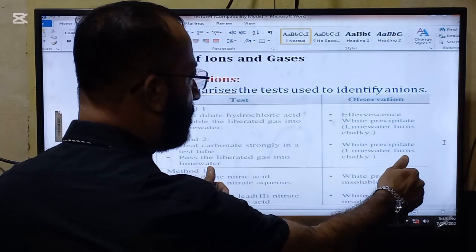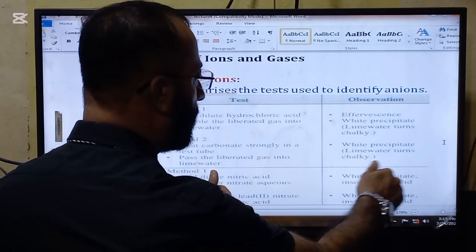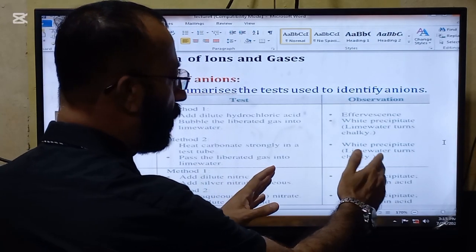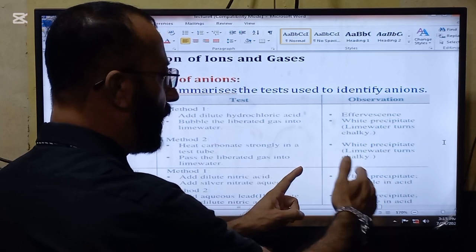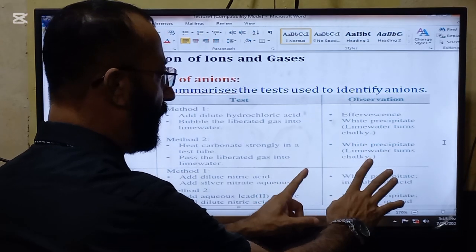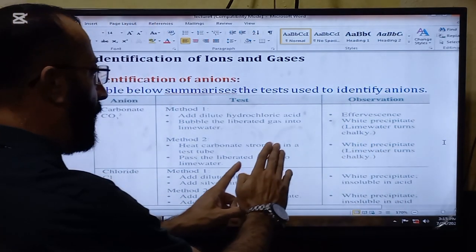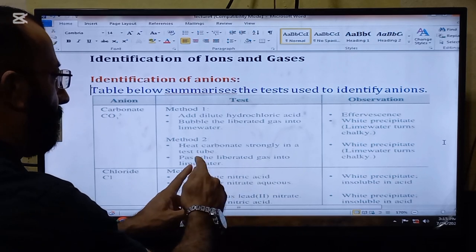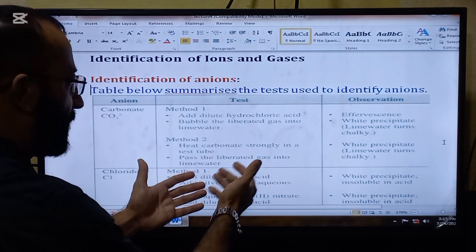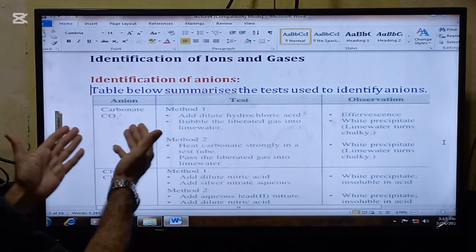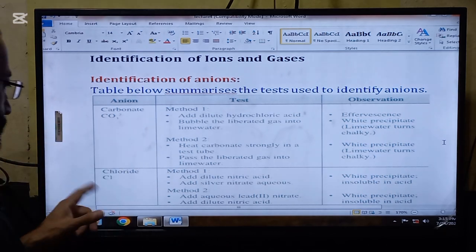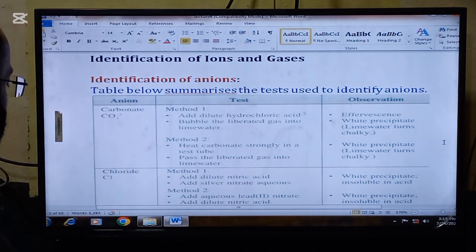A white precipitate will be formed and the lime water turns milky. If the lime water turns milky, this will be the sign that the gas is carbon dioxide. And if carbon dioxide gas is formed by heating the substance, it will be the sign that this is the carbonate ion.